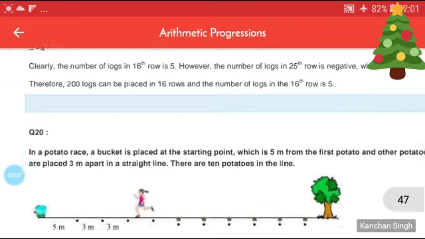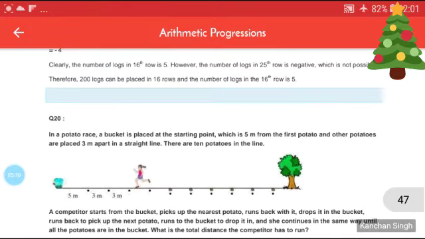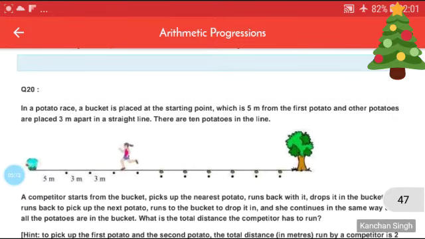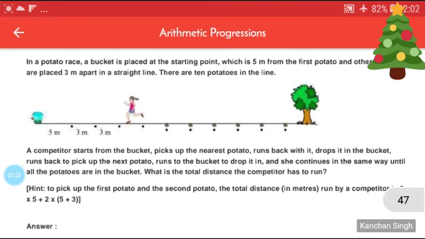Now please try to solve question number 20 by yourself. In a potato race, a bucket is placed at the starting point, which is 5 meters from the first potato, and other potatoes are placed 3 meters apart in a straight line. There are 10 potatoes in the line. So just read the question.